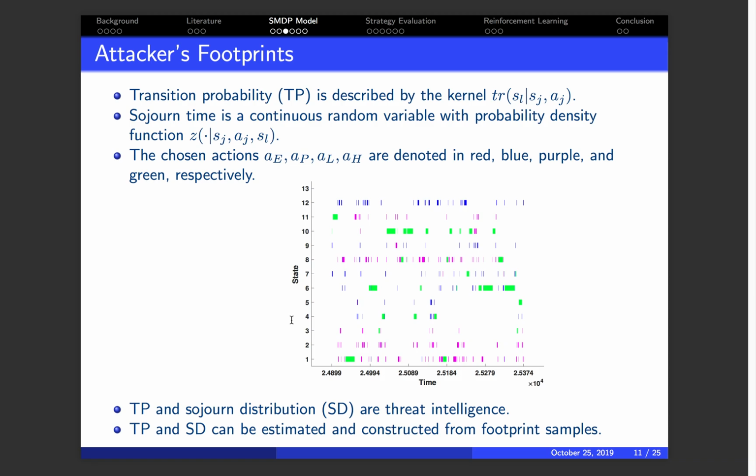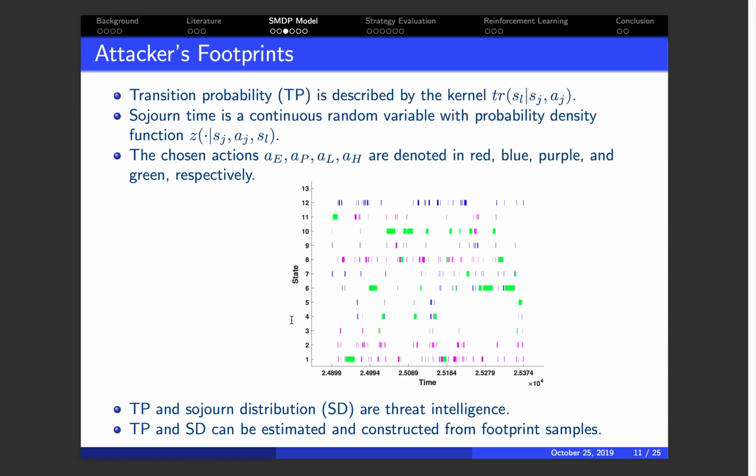We also have a transition probability from state j to state l, and a sojourn time, which is a continuous random variable with probability density function. The chosen actions, denoted in different colors, formulate the attacker footprint.